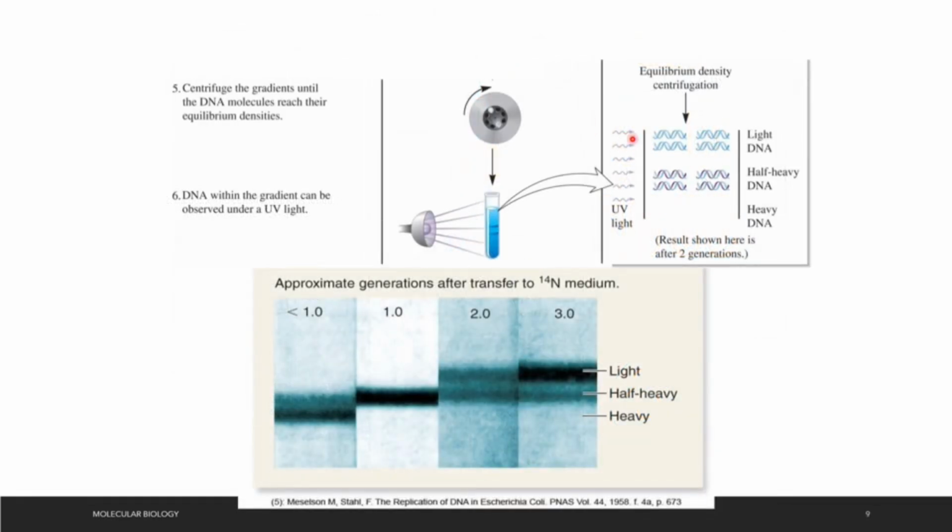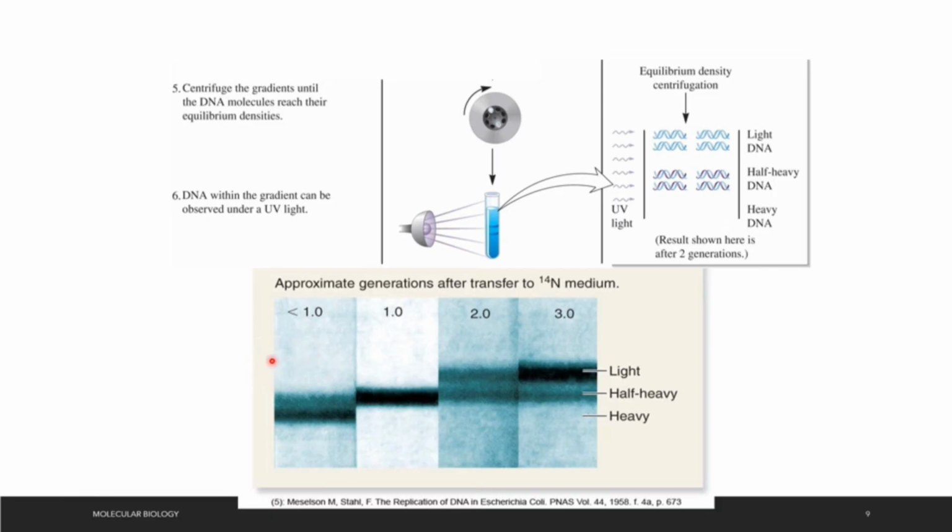And that was precisely what they did. They observed the DNA stained under UV light, to see in which regions of the gradient they can observe DNA molecules. And what they observed was something like this.